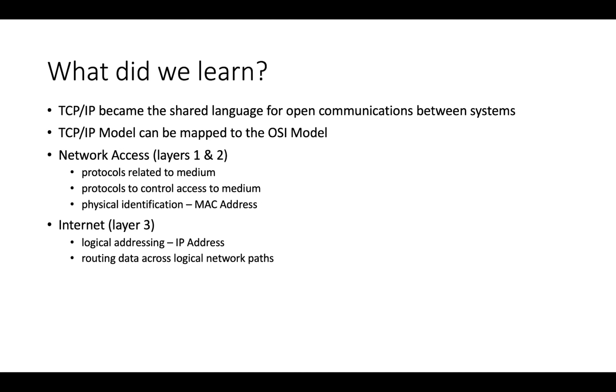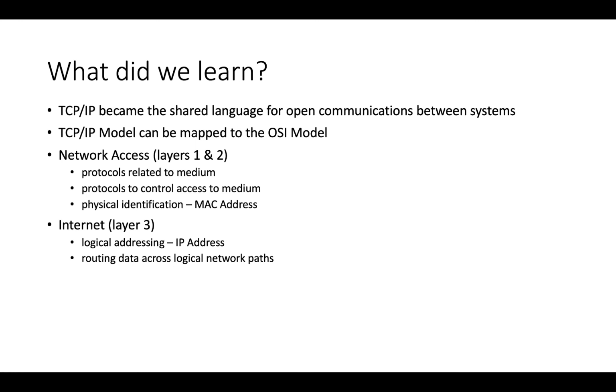We learned that the network access layer, layers 1 and 2 of the OSI model, is responsible for protocols related to the medium, protocols to control access to the medium, as well as physical identification or physical addressing known as the MAC address. The Internet layer, or Layer 3, is responsible for logical addressing.